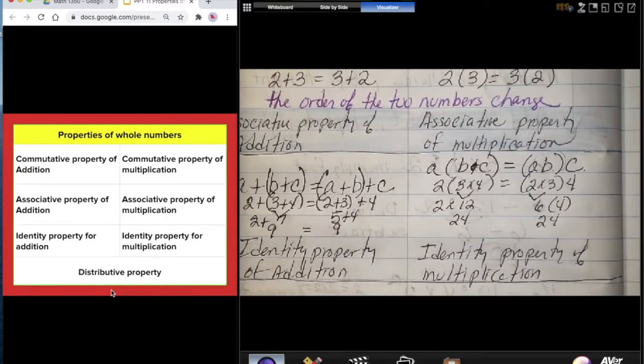Okay, let's go to the next one, which is the identity property.